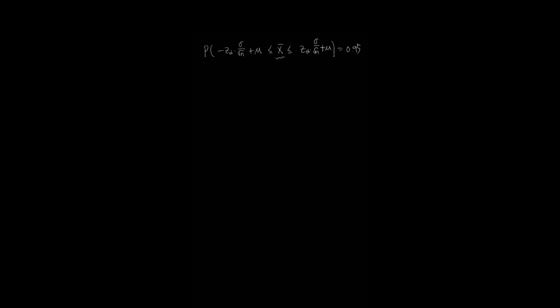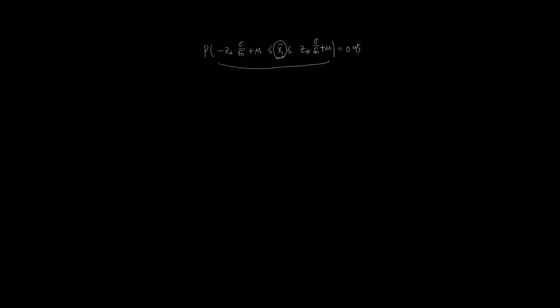So we got to this level, but we know that if we subtract or add or multiply the same thing on both sides, it's exactly the same. The range doesn't change.